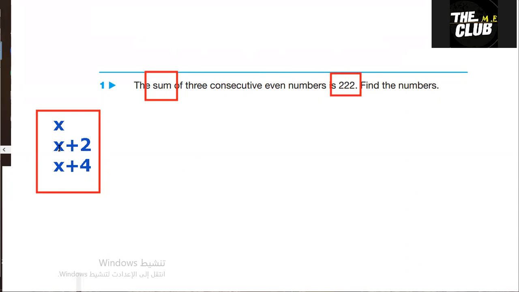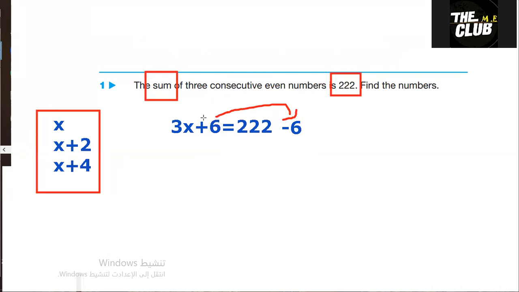If you want to add them fast, you can say 3x plus 6, like this. So 3x plus 6 equals 222. And then you start solving the equation, and you'll find the value of x. So what do you do? You take this to the other side, so it becomes minus 6.